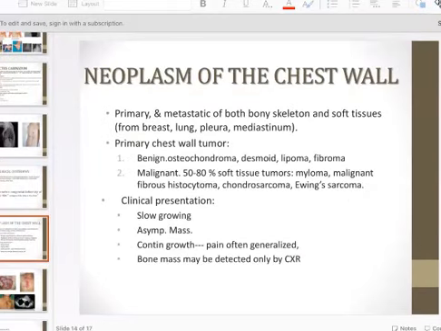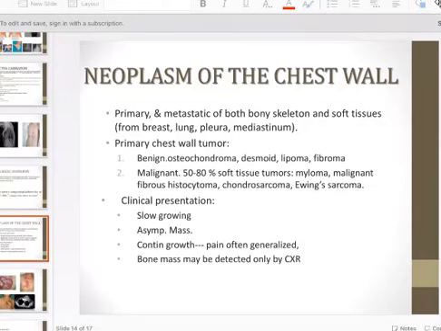Neoplasm of the chest wall. Besides the anomalies of the chest wall, maybe you have a neoplasm, either primary or metastasis from both body skeleton and soft tissue, either from the breast, the lung, the pleura or the mediastinum. It will affect the chest wall. The primary chest wall tumors include benign osteochondroma.